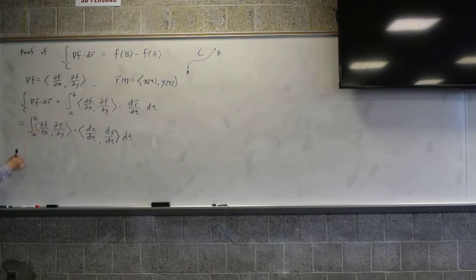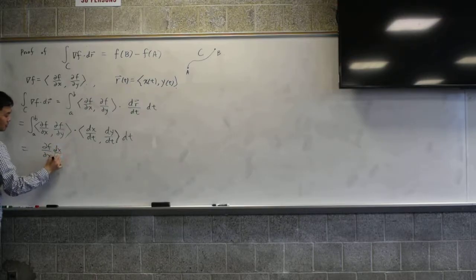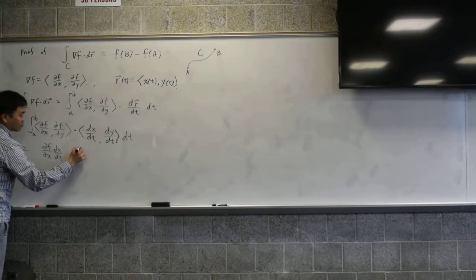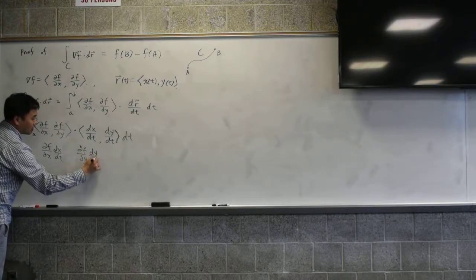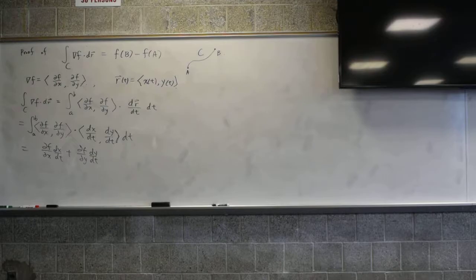And then we compute the dot product, which is multiply the x components together, multiply the y components together, and you add them up. That's how you compute the dot product.